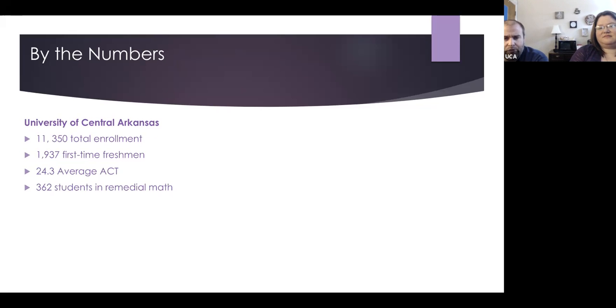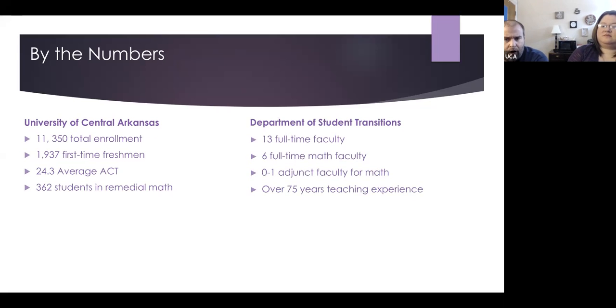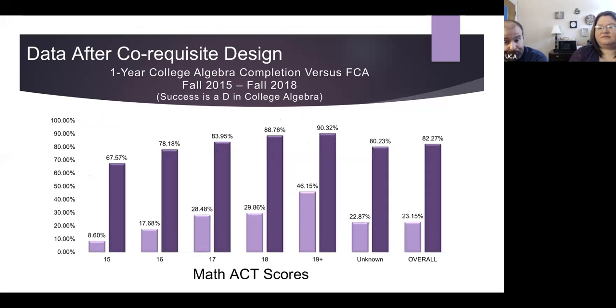It's closer to 200 that need remedial English. And then our department is 13 full-time faculty, 6 of us are math. We usually have 0 to 1, usually 1 in the fall, and then we don't have any adjuncts in the spring. Just in our math faculty, it's over 75 years of teaching experience. Between our department, it's well over 100 years of experience teaching.